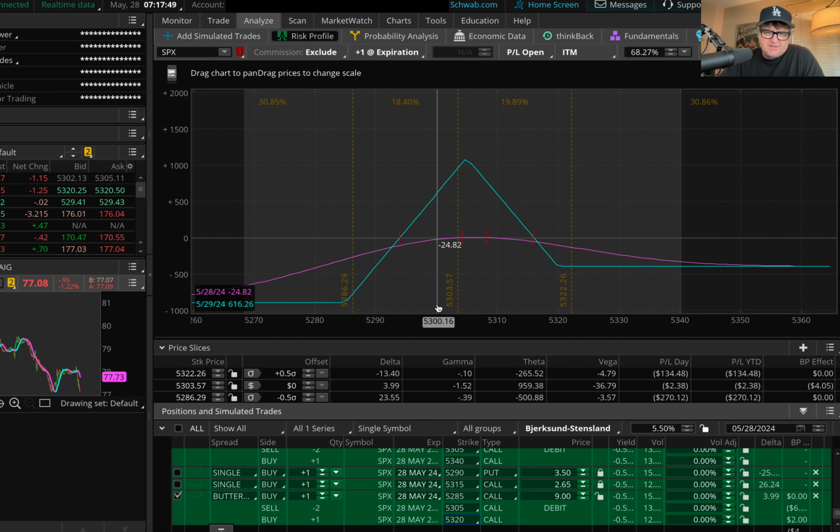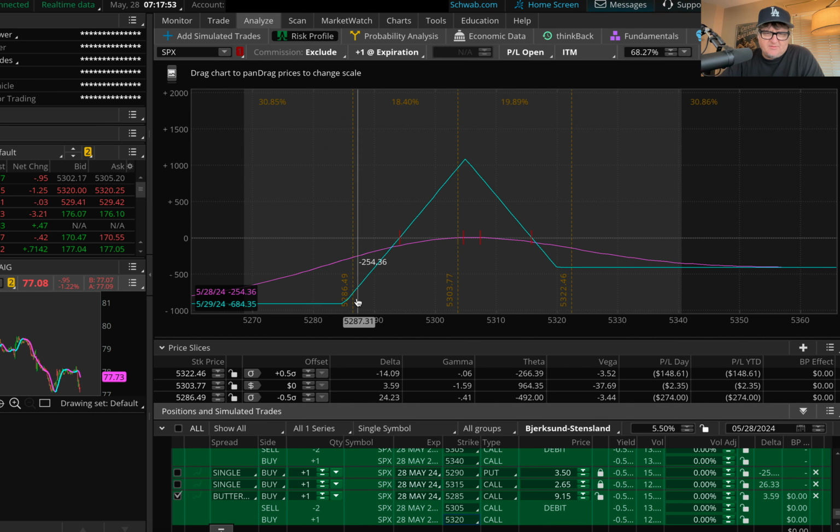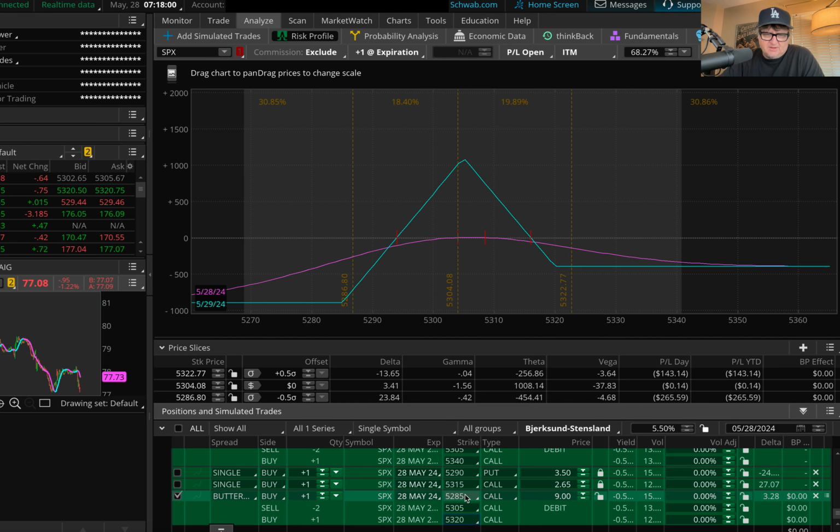But if we're doing it based on the standard deviation, so this is half a standard deviation above and below, if we go with these strikes, 5285, that's the lower one, and then the at the money is 5305. That's the right one for right now. Right now the SPX is trading at 5304.